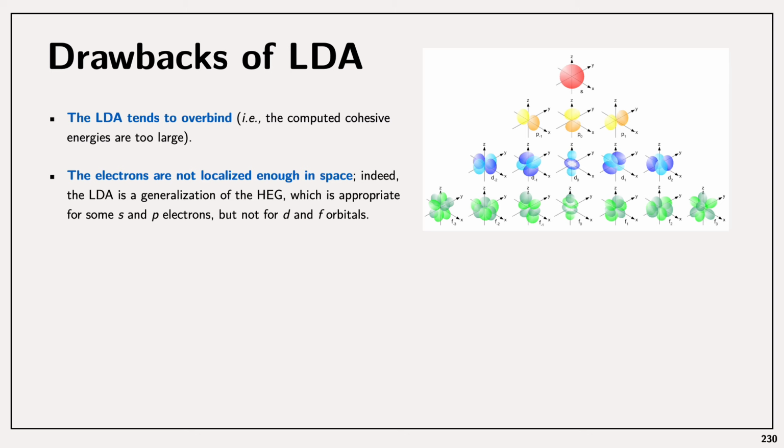And for instance, the D and F can be very localized close to the ion. For D and F orbitals, LDA is usually pretty poor. But for S and P electrons, LDA is pretty good because the electrons are not as localized.